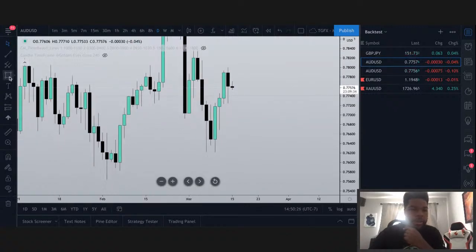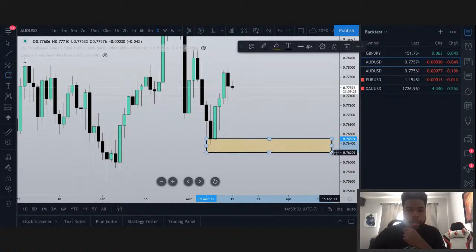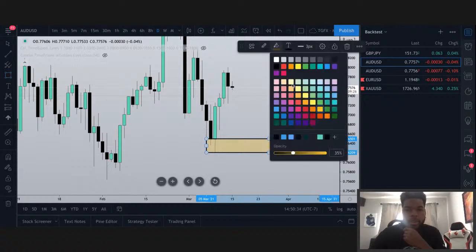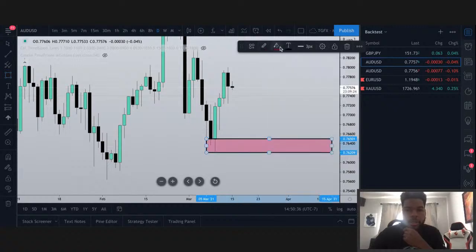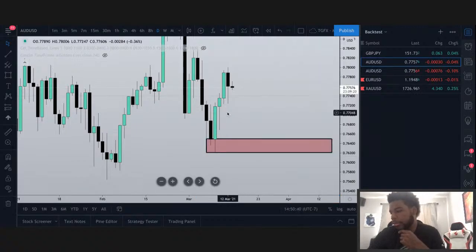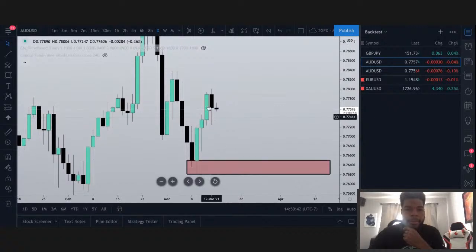Okay. So once again, we had this demand level, but now price made this new level of support here. So we can just mark that off as usual with our red zone. All right. And then we also did get a bullish and bearish close, so we can mark that off as well.